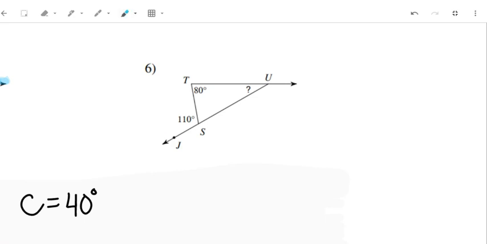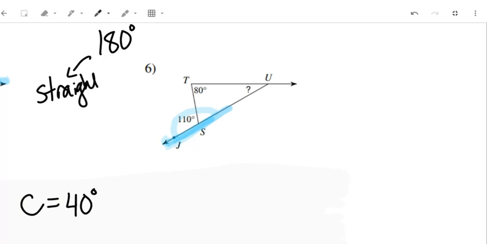You should be starting to recognize, okay, there's a straight line right here. So that means that the 110 and angle S form a supplementary angle. Supplementary angles add up to that magic number, 180 degrees. So 180 degrees works for straight lines, and it's the magic number for the angles in a triangle.